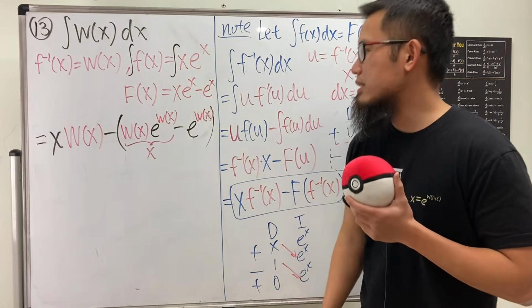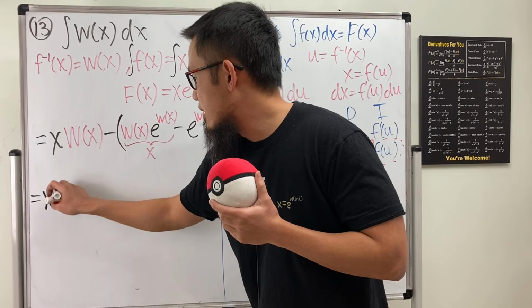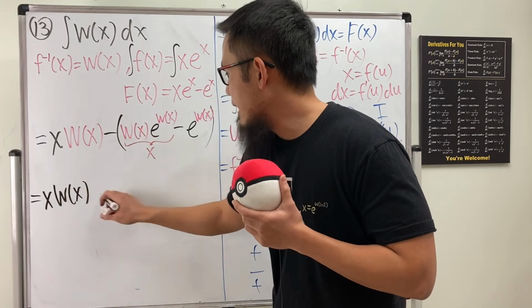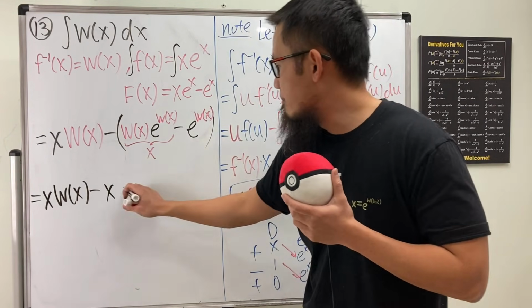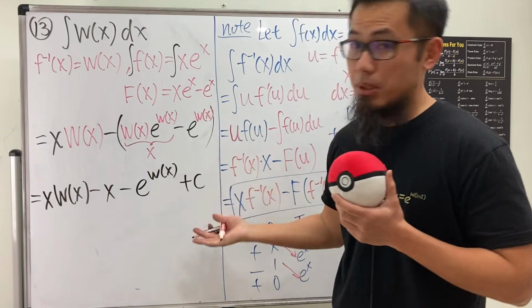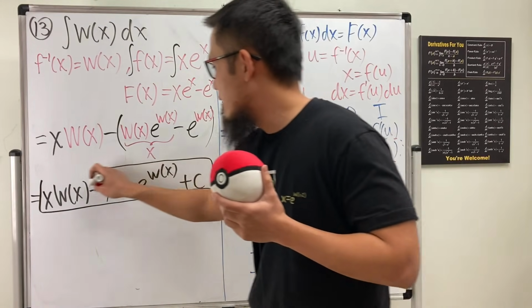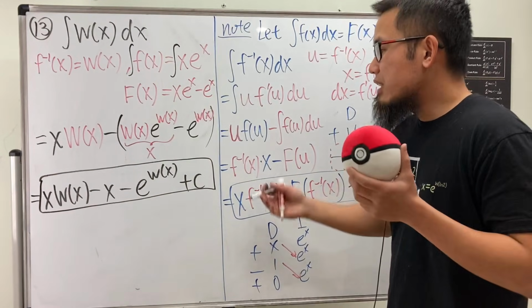It's just equal to x. So the first answer that you can provide is just x W of x, and then minus x, and then minus e to the W of x. And then right here, I'll put down the plus c for you guys. So this right here is an answer for it.